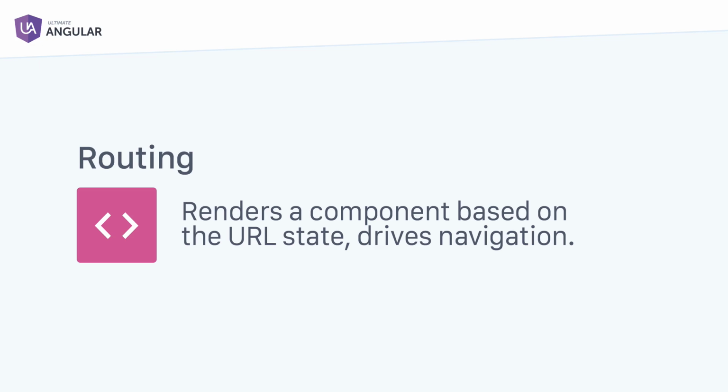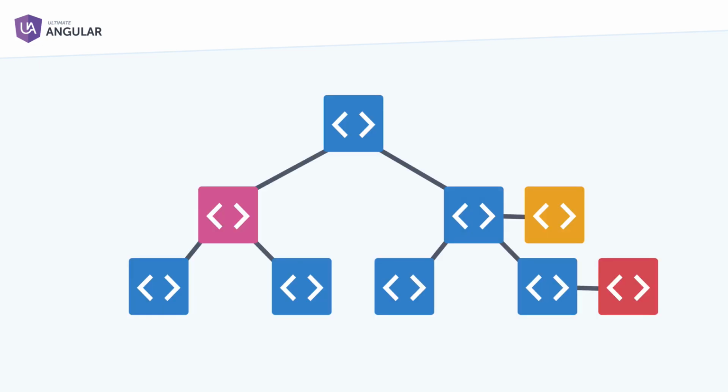Finally, we have routing. So all the routing is that it drives the navigation for our application. So it basically tells Angular which components to render based on the URL state. Now, if we head over to the next diagram, you can see that we have a purple component. Now, this is just a generic component, it's an ordinary component.